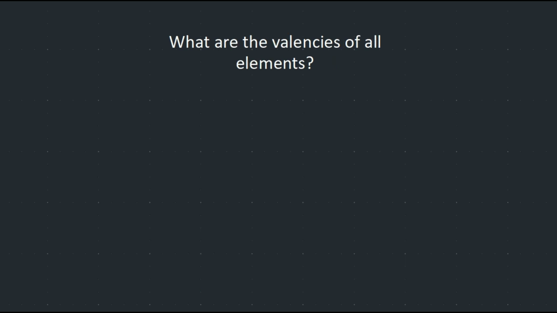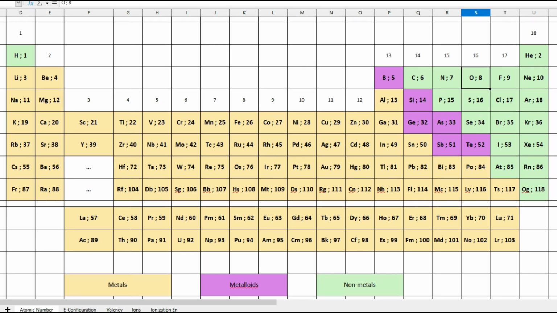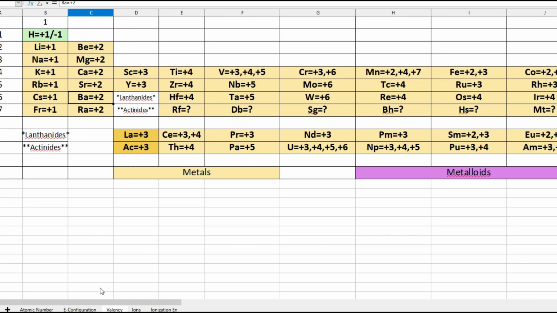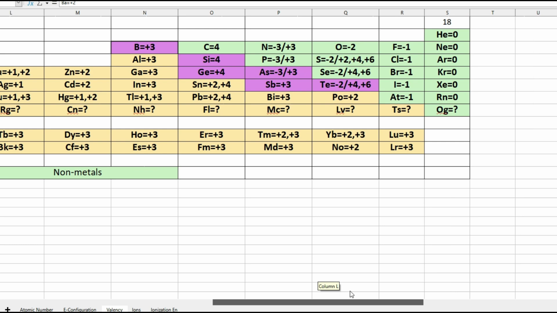Okay. What are the valencies of all the elements? For that, we have to go to the periodic table. So we have the valency over here. These are all the valencies of the atoms that we know of.